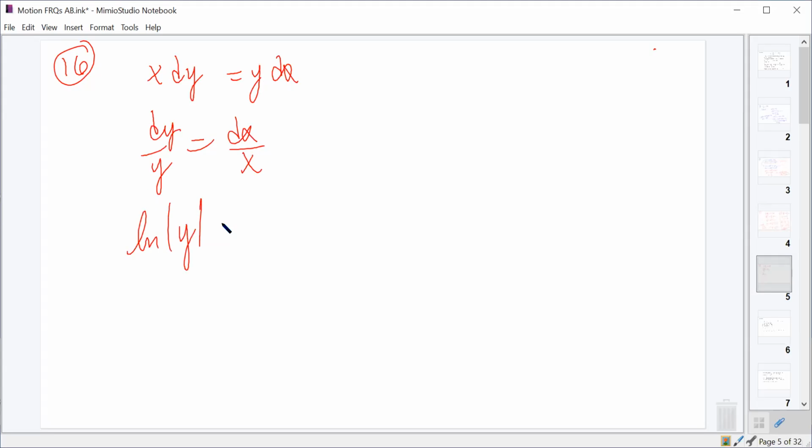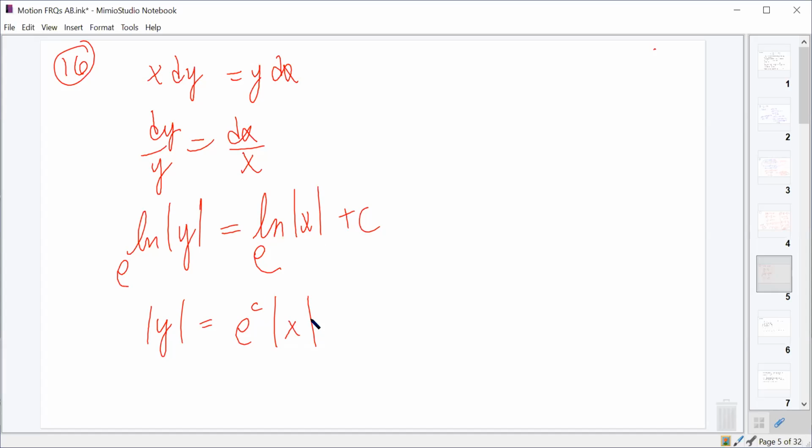Integrating both sides, natural log absolute value y equals natural log absolute value of x plus a constant. And if we were to solve this for y to try and figure out what these look like, we've got the absolute value of y is equal to the absolute value of x times e to the c, so some constant times the absolute value of x.